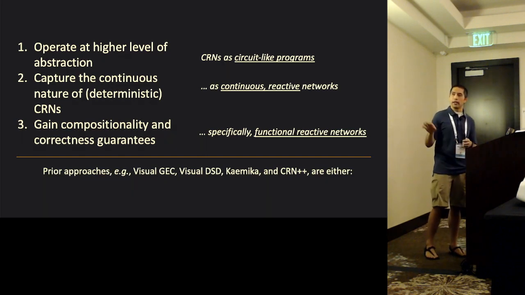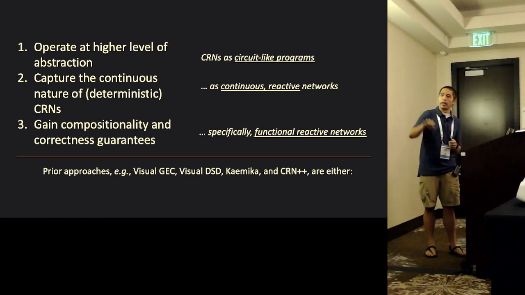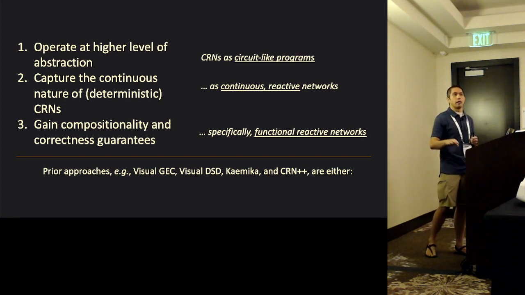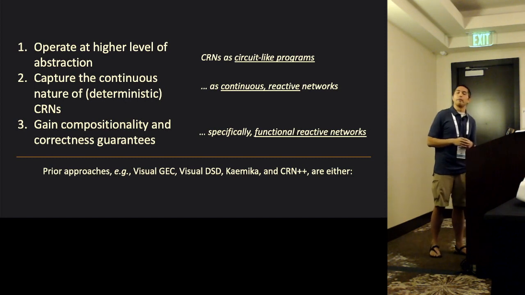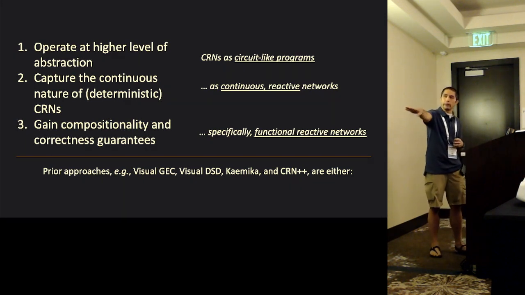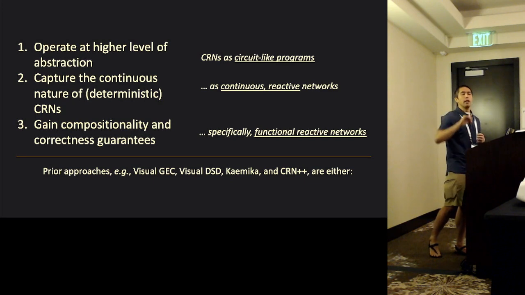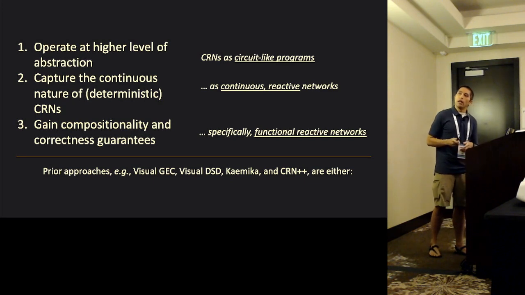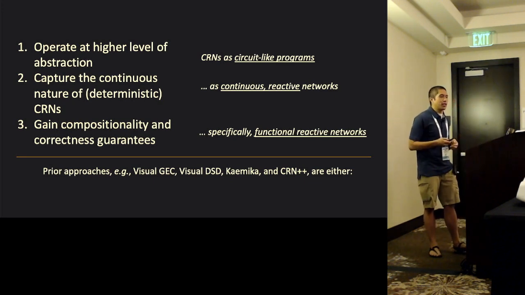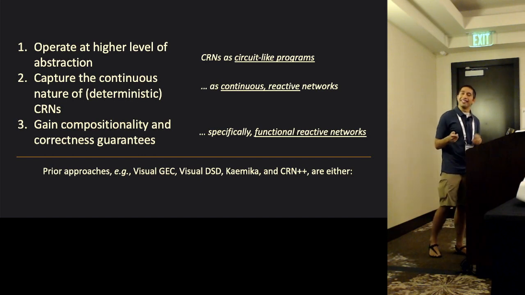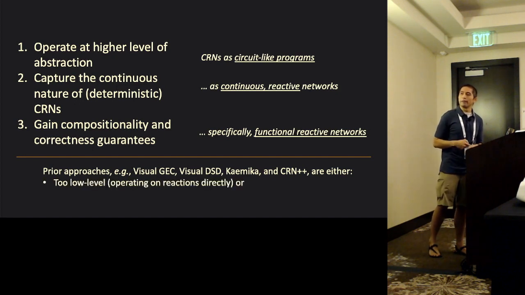I want to pay a lot of respect to these past works. A pair of things from Microsoft, and our community knows Luca Cardelli. He's been working in this space quite a bit over the last couple of years. He just recently released this app, Kaemika, for building CRNs as well. And there's also this CRN++ thing that is like a more imperative assembly language for CRN programming.